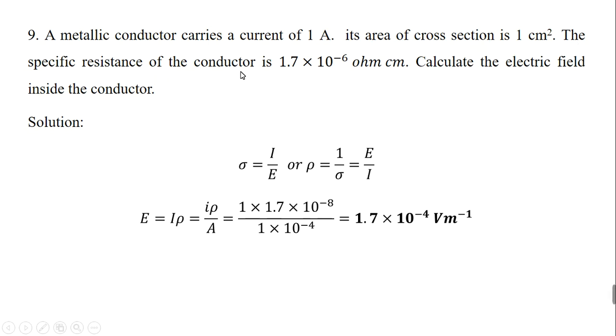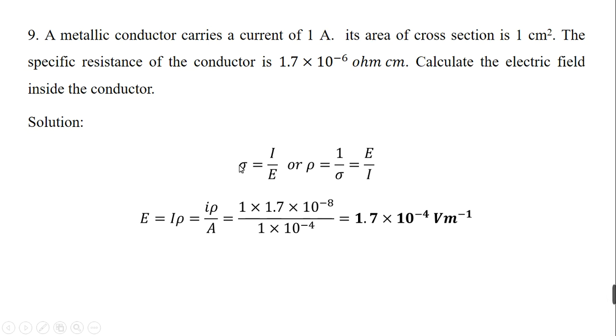The specific resistance of the conductor is 1.7 into 10 raised to minus 6 ohm centimeter. Again, this needs conversion. This we have to convert here. Calculate the electric field inside the conductor. So specific resistance is given, which means we can make use of a basic equation of conductivity, because conductivity is nothing but the reciprocal of resistivity.